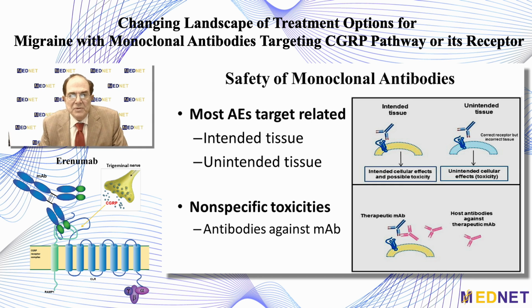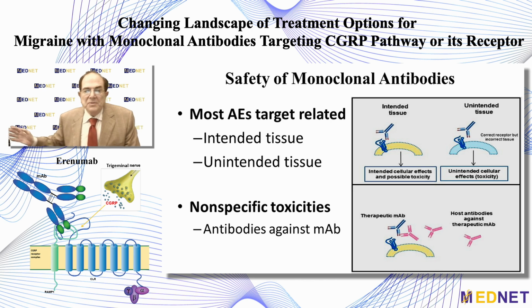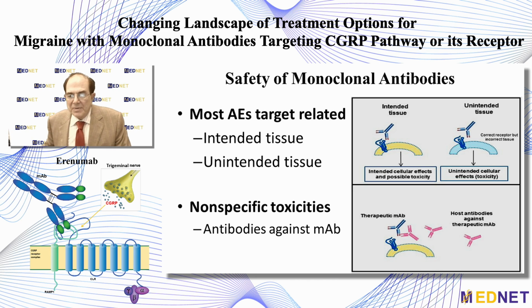So most adverse events are related to the target. There can be the intended tissue or an unintended tissue which looks the same to the antibody, or there are non-specific toxicities, which are antibodies against the antibody itself.